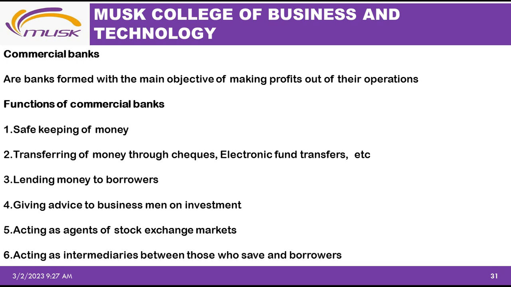You can always seek this advice from commercial banks when you visit them. The other one is acting as agents of stock exchange markets. And the other one is acting as intermediaries between those who save and those who borrow.